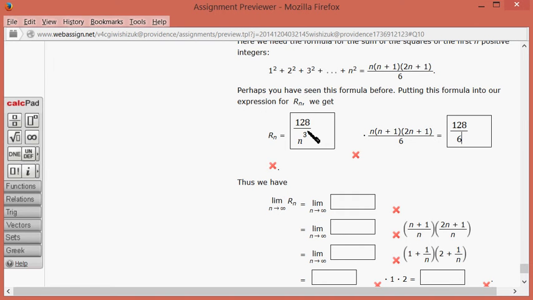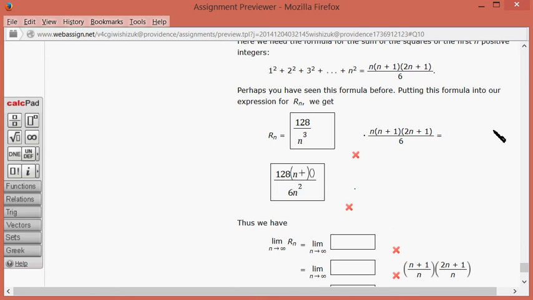Then you're going to have n squared left over on the bottom. And of course, on top you have n plus 1 and also 2n plus 1.